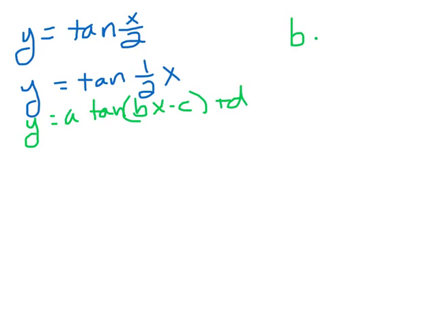Make sure your mode is in the right thing. One thing you can do is, if you want to see a difference, graph tangent x on one line and tangent of x divided by 2 on another line. Try that. Put tangent x on another line on your calculator, and look and see how they compare.